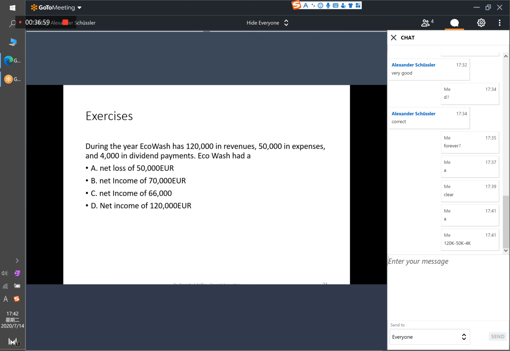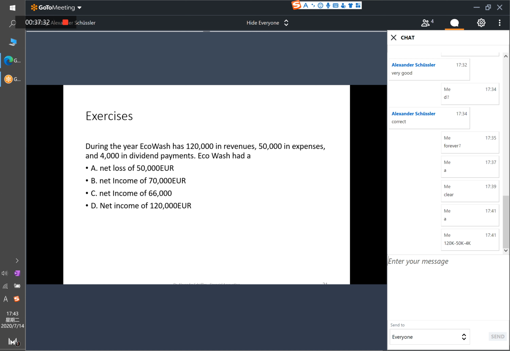This is the next one. During the year, EcoWash has 120,000 in revenue, 50,000 in expenses, and 4,000 in dividend payments.